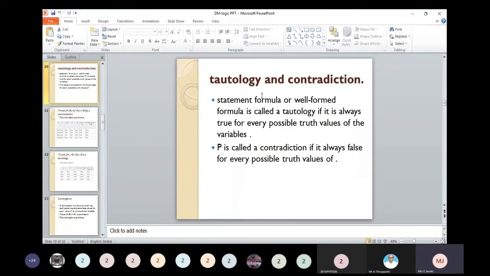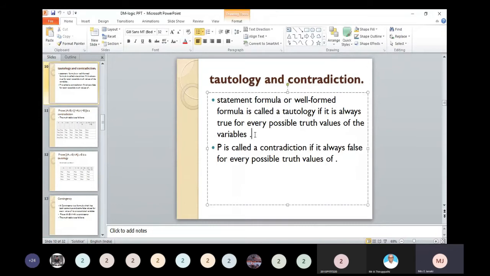When you say a tautology, a statement formula or well-formed formula is called a tautology if it is always true for every possible truth value of the variables. That is, the resultant value. Some statement or propositions are given, and the final result will be true for every case.